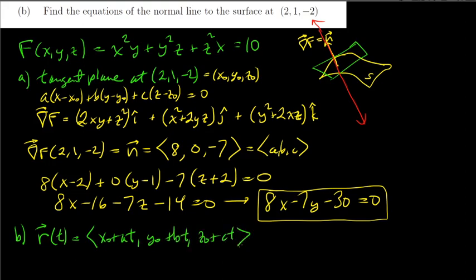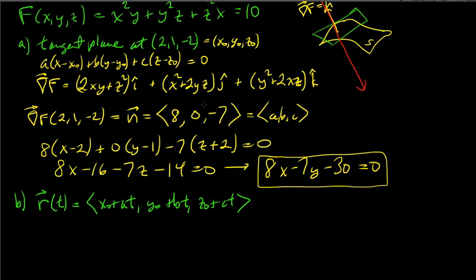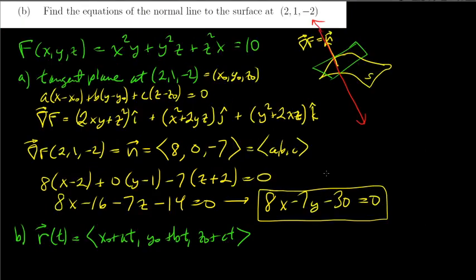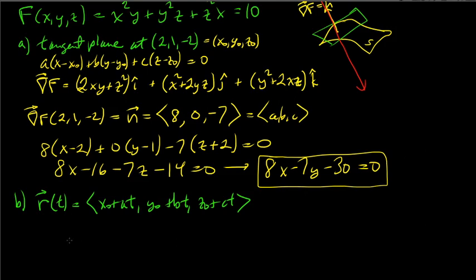Those are the parametric equations of a line. And luckily, the x0, y0, z0 are the same, and the a, b, and c are the same because we're using the same normal vector. Well, normal vector to the surface, to the tangent plane, but it's a direction vector for the line. The line will point in the same direction as that vector.